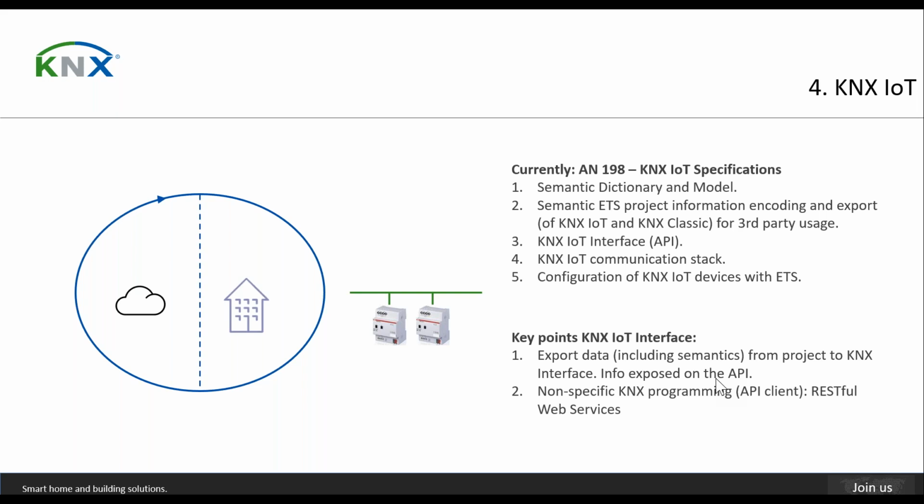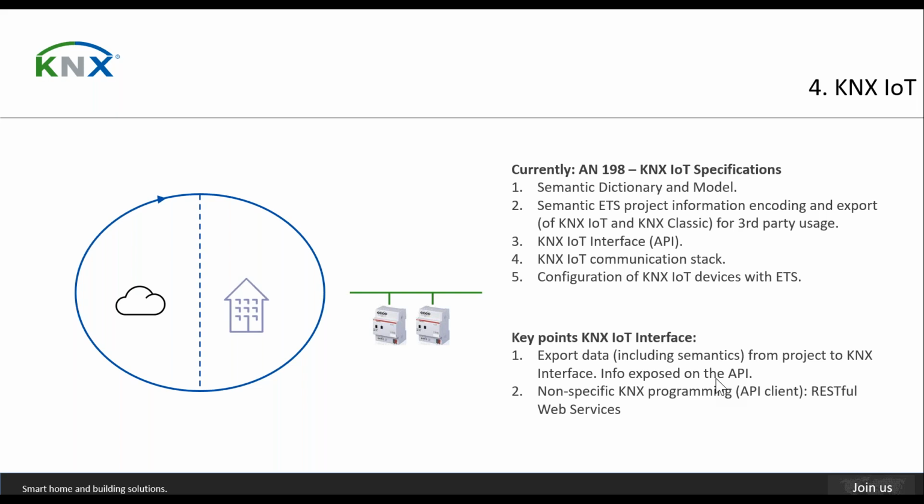So this is just one example. And they can inquire this to the KNX IoT interface via the API by means of RESTful web services. So long story short, the companies that develop the client to work with the API don't need to know anything about the KNX telegram, which is the case right now with the KNX NetIP protocol.